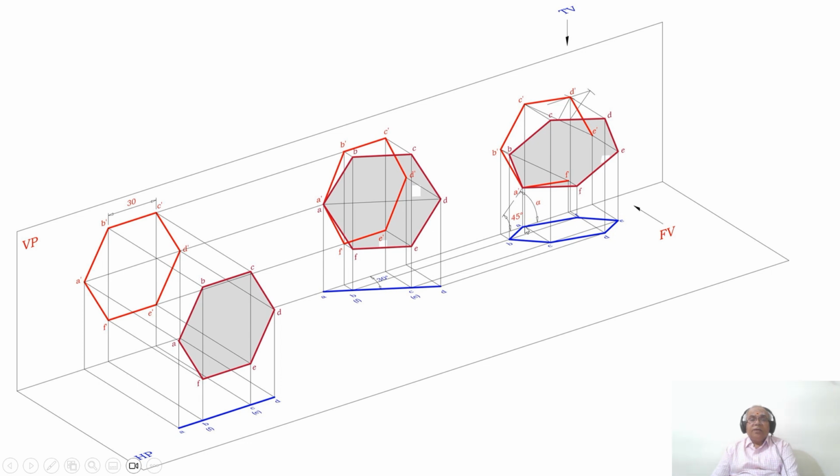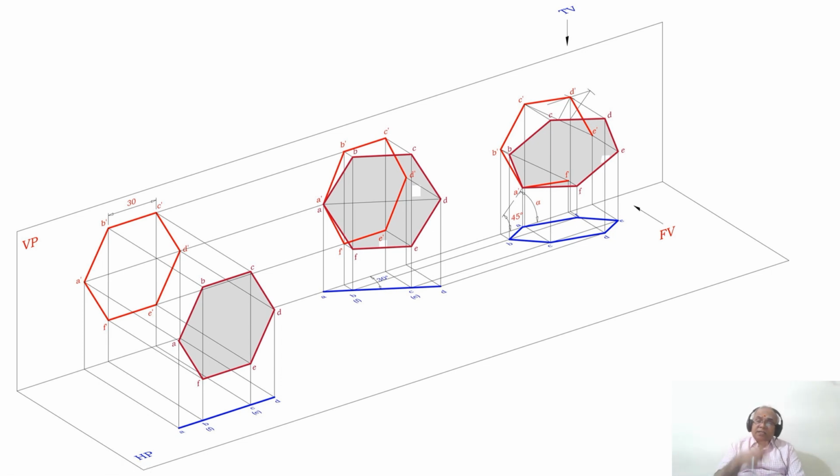A is already on VP. B and F are on HP. Then you have C, D, E. You can project from C to the top view, similarly from D and from E. This is how you will be able to analyze it in three dimensions.